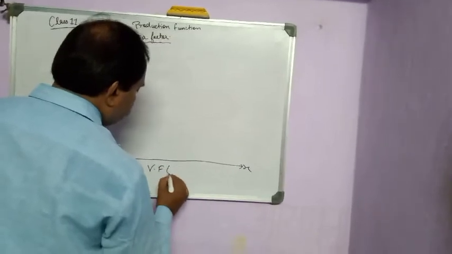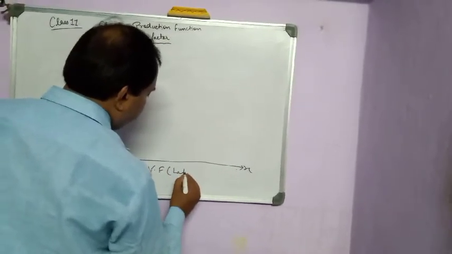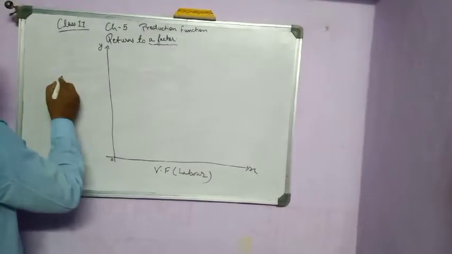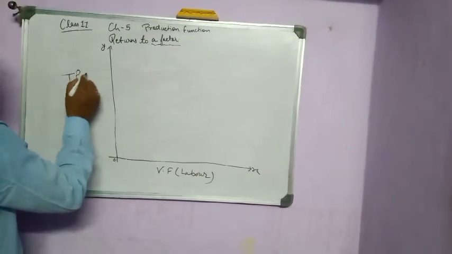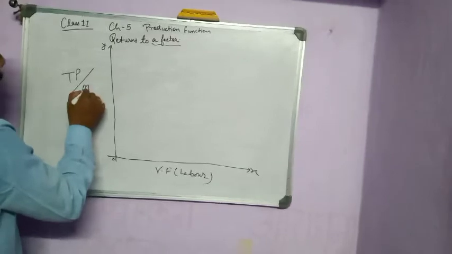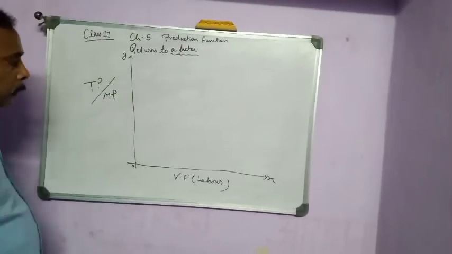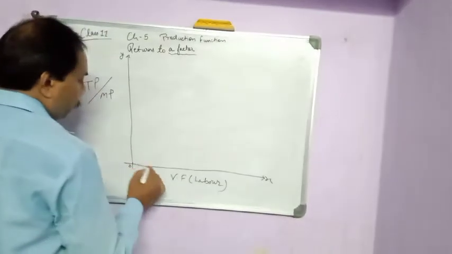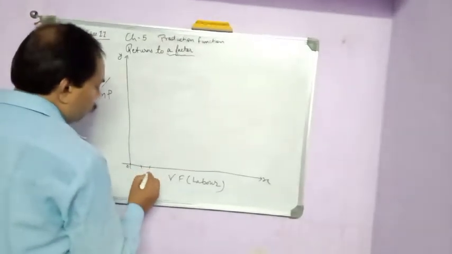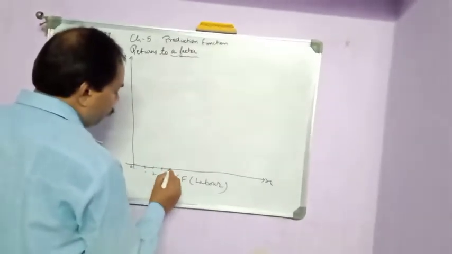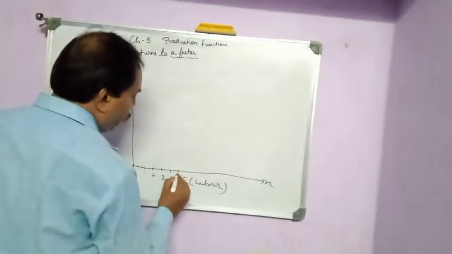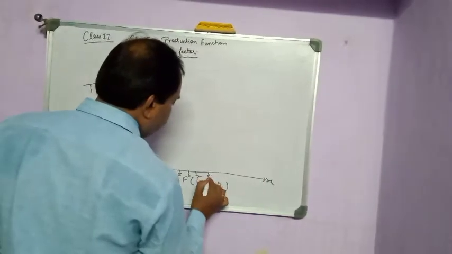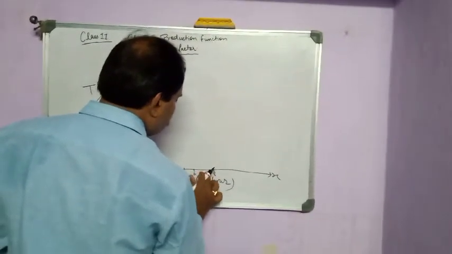And on the y axis we are going to take total production along with marginal production. Is it clear? So variable factors, suppose 1, 2, 3, 4, 5, 6, 7, 8 and so on.